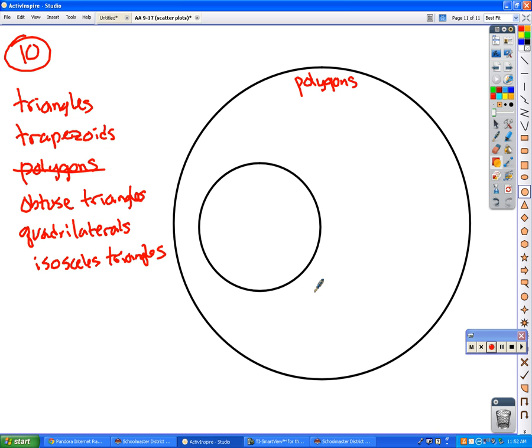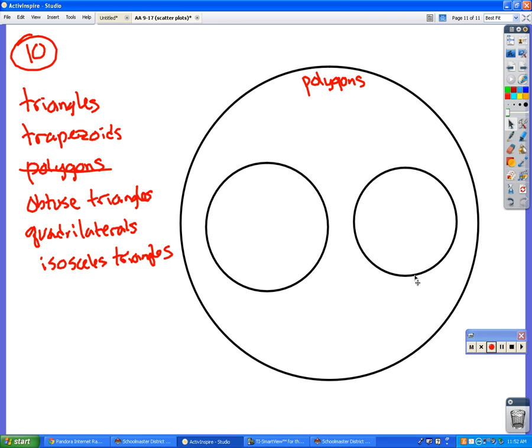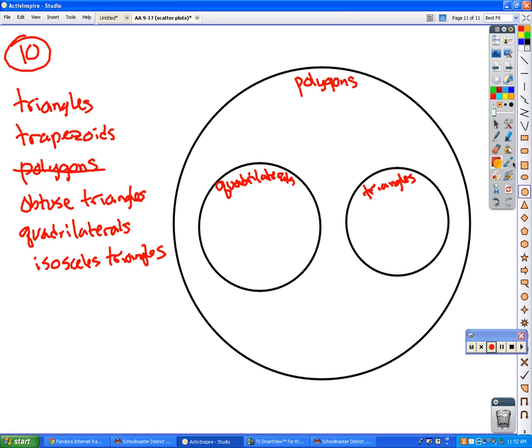and we need a quadrilateral circle. Do the quadrilateral and triangle circles intersect at all? No. There's no such thing as a quadrilateral that is also a triangle or the other way around. So it doesn't matter which one you call what. We can make this quadrilaterals and make this triangles, or you can go the other way around.